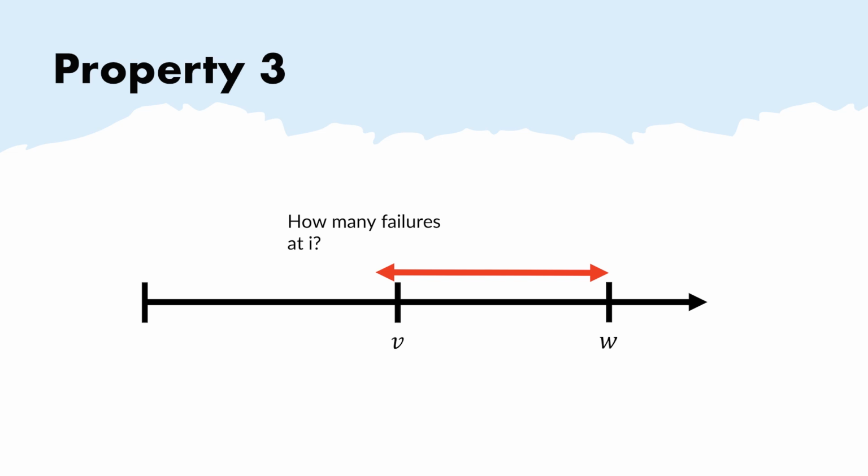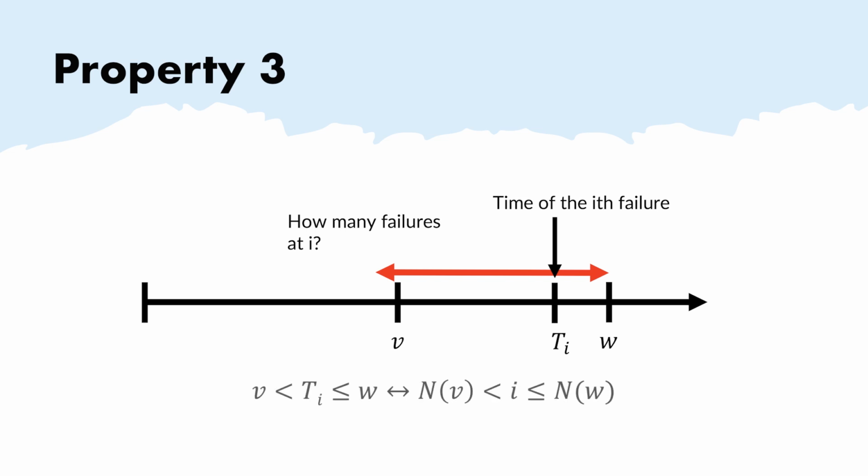In that case, I can subtract the number of failures at V from the number of failures at W, considering that my interval is from V to W. If I know, for example, that in my interval I will have a failure E, for example, failure 7, I will know that my number of failures at V will be smaller than 7 for sure, and that the number of failures at W will necessarily be more or equal to 7.